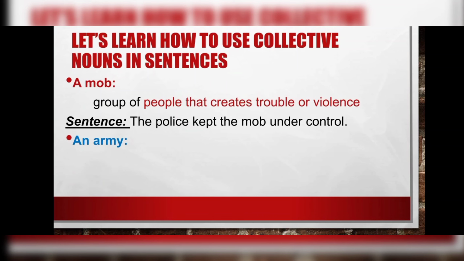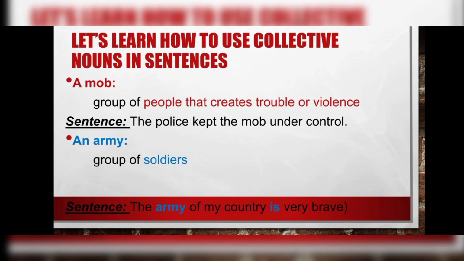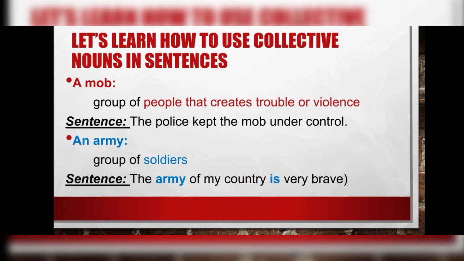Here is another simple example of a collective noun, that is army. We have heard this word in different contexts. What is an army? It is a group of soldiers who perform their duties for their country or nation. How can we use this collective noun in our sentence? The army of my country is very brave.